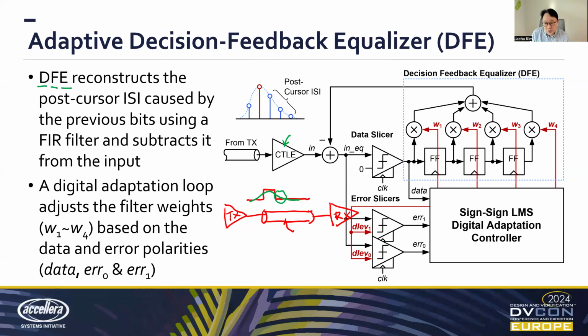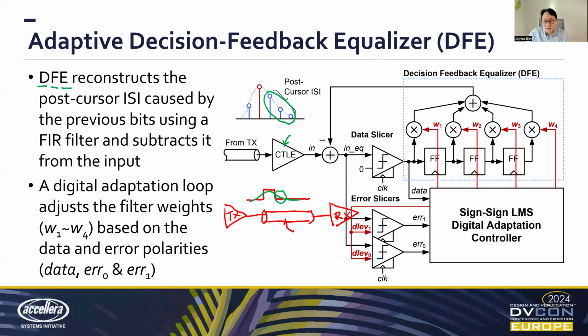And what it tries to do is reconstruct the ISI that comes after the main signal bit, which is called post-cursor ISI, based on the previous bits that this receiver has detected, and using a FIR filter.